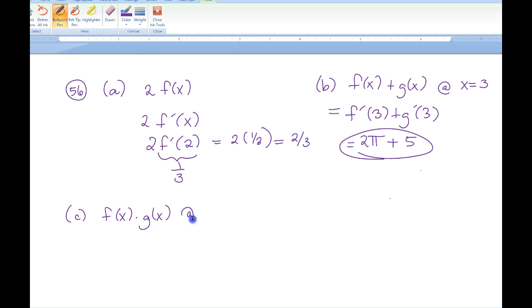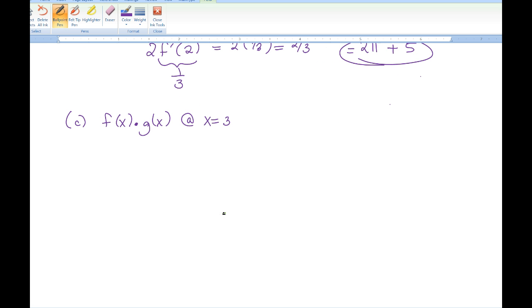All right, so for C, because I see a product, I'm going to use the product rule. And this is at x equals 3. So how do we do the product rule? It's going to be f times g prime of x plus f prime of x times g of x.